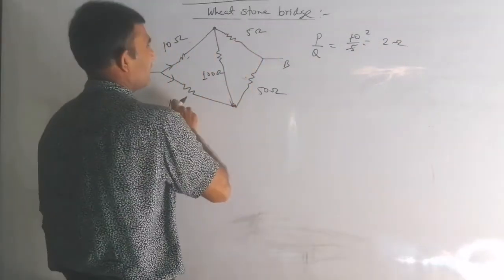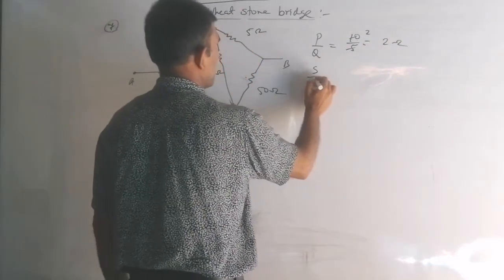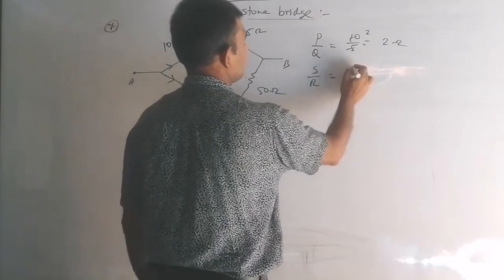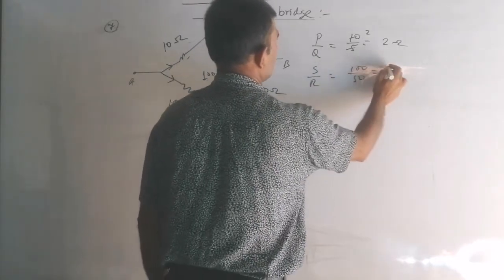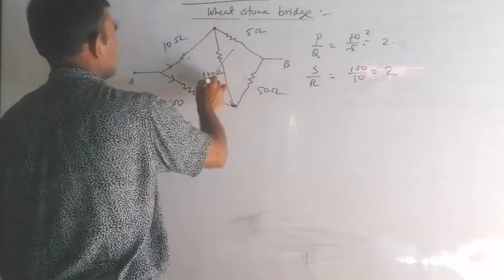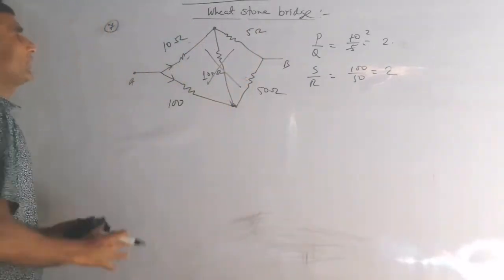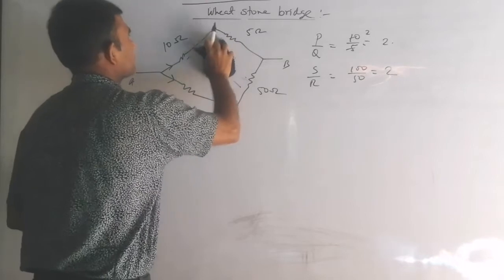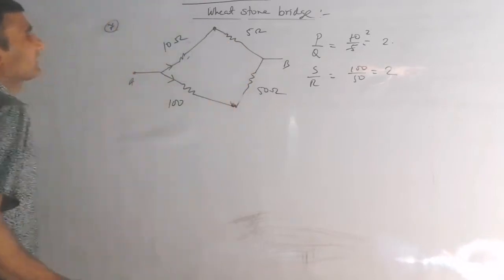Next, 100 upon 50, and you are still getting 2. You are getting the same ratio, which means again there is no use of this. Cut it down.